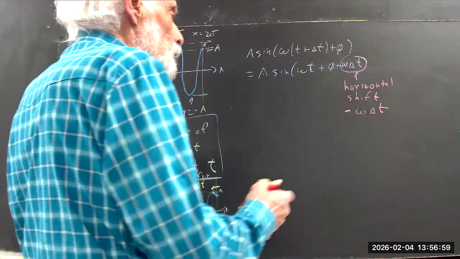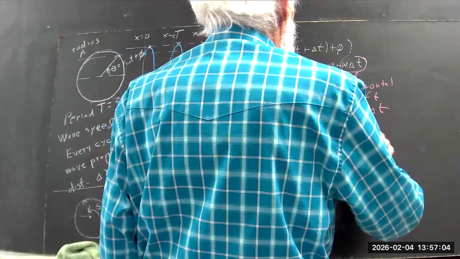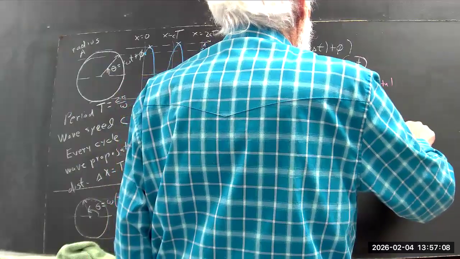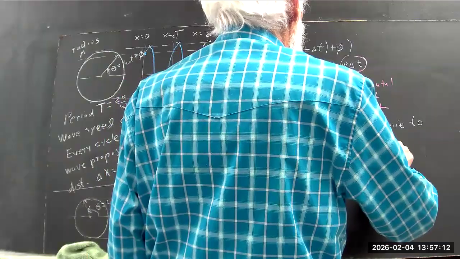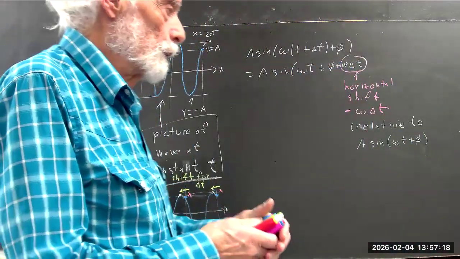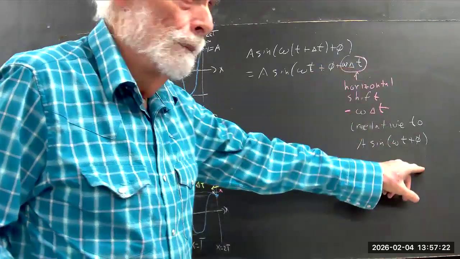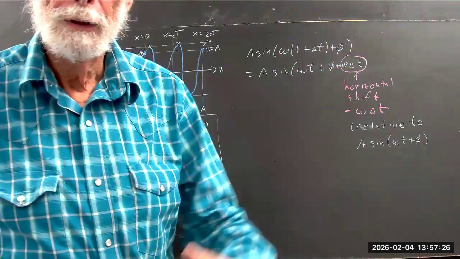Horizontal shift of negative omega delta t relative to a sine of omega t plus phi. We've added an omega delta t, which gives us a horizontal shift of a negative omega delta t.